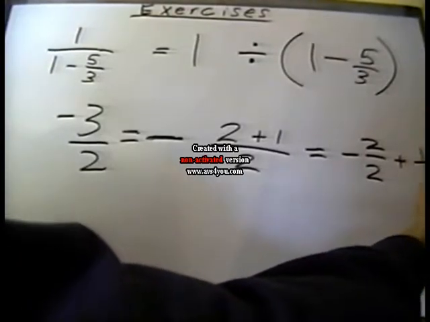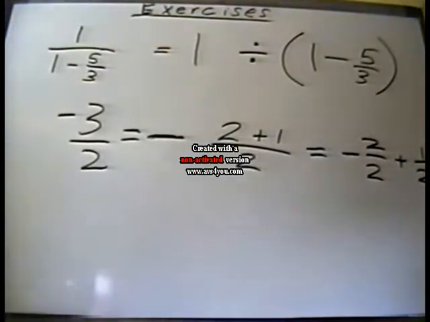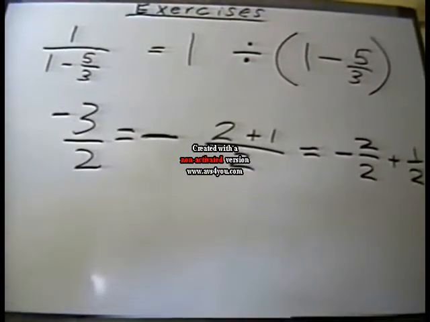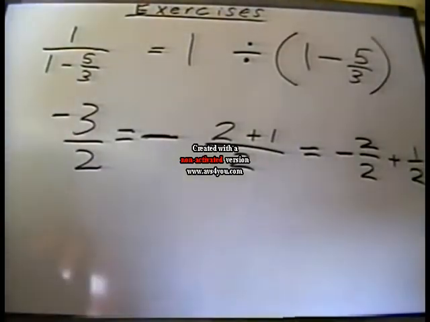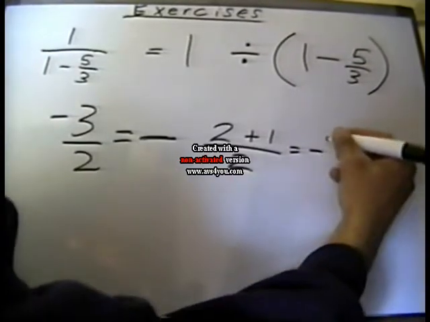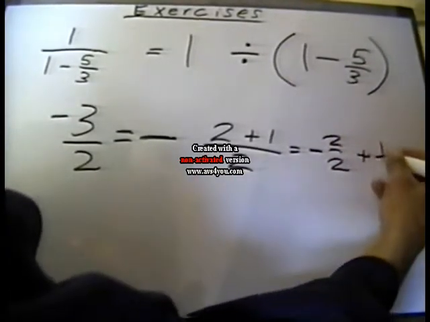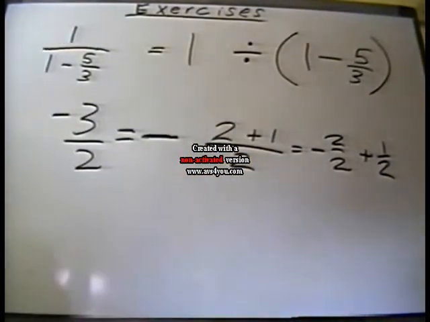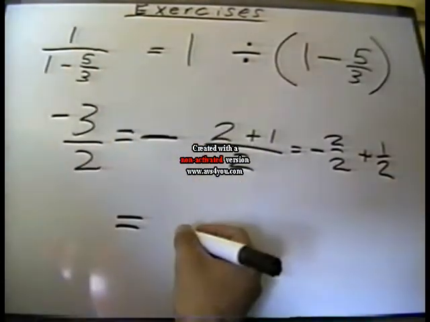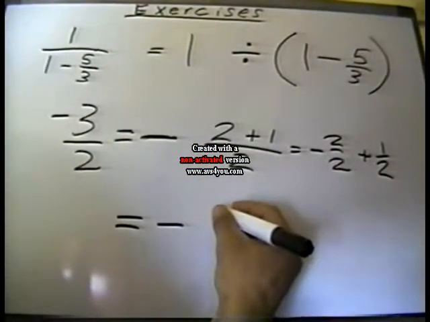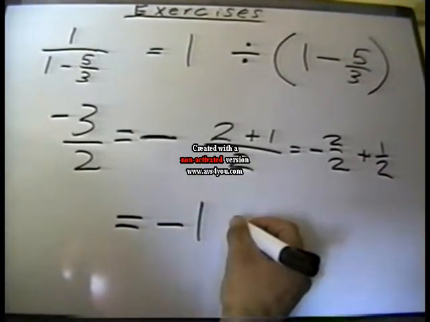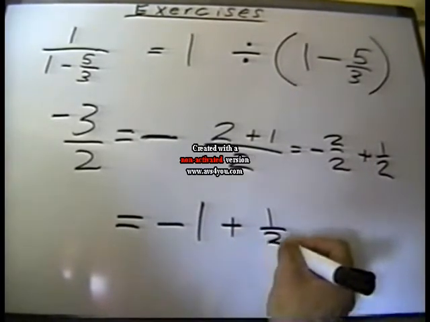Equals negative 2 over 2 plus 1 over 2. Got that negative, and then 2 over 2 becomes 1.